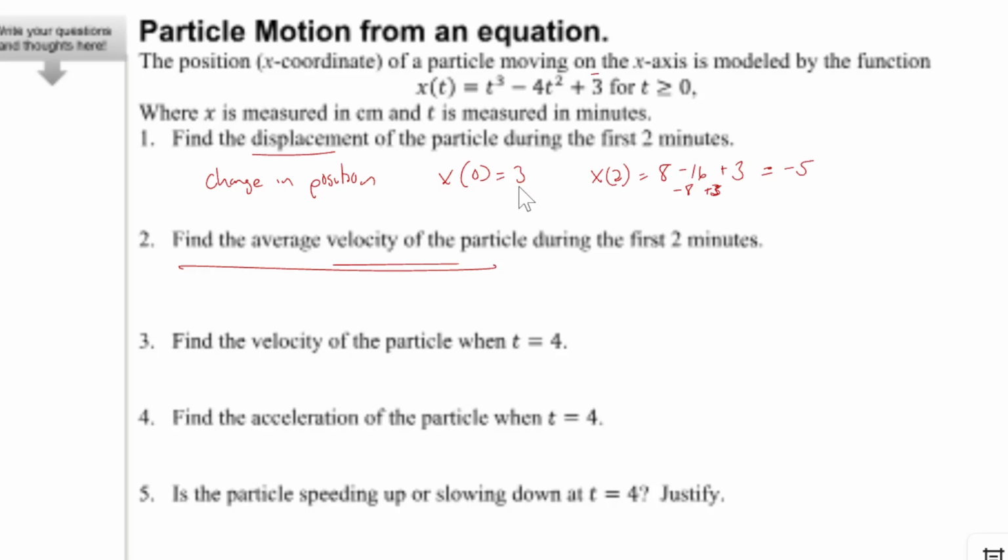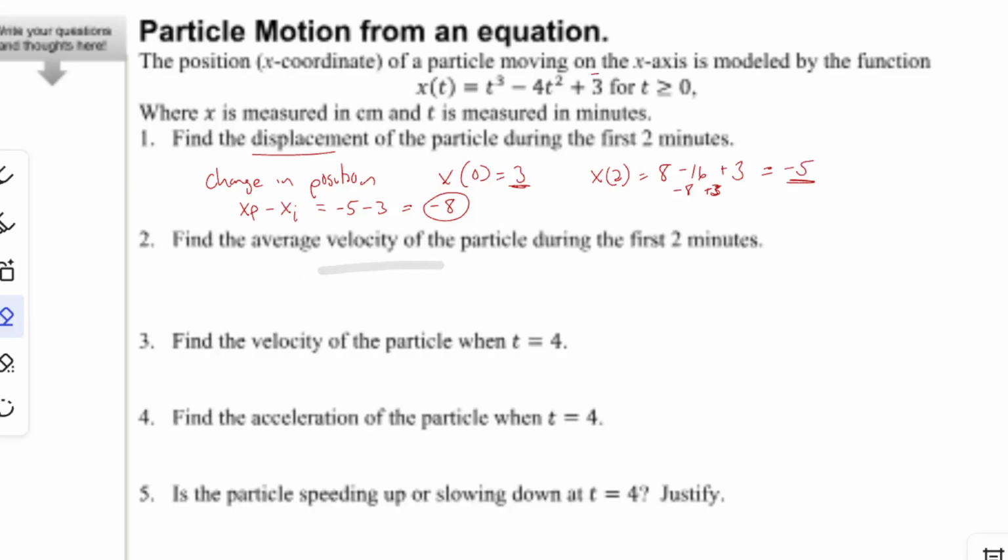So the change in position went from 3 to negative 5. One way to calculate is x final minus x initial, which would be negative 5 minus 3. So the change in position is negative 8. It started at 3, then moved backwards 8 units and arrived at negative 5.